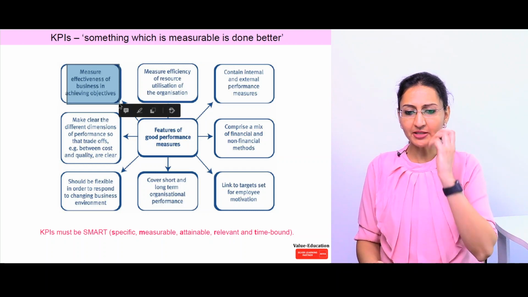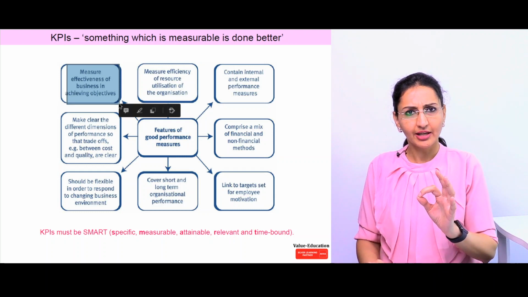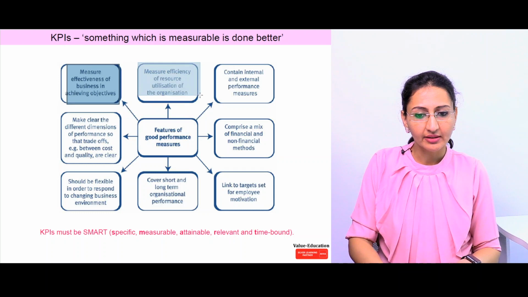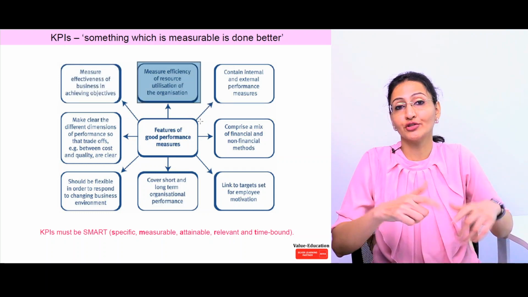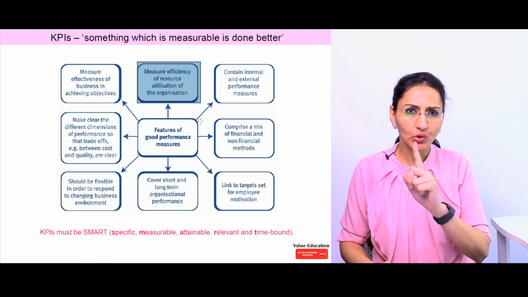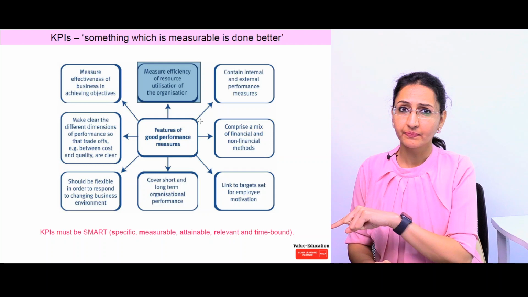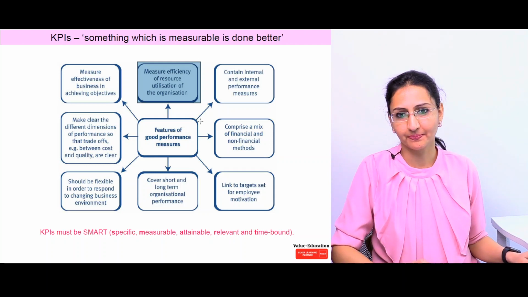That means your performance measures are good if they can actually measure if you are really achieving the objectives. Makes sense? Then if your performance measures can measure the efficiency of resource utilization, are you utilizing the resources efficiently? If you can give the answer to this, your performance measures are good.